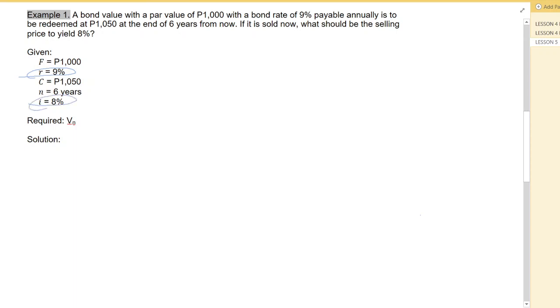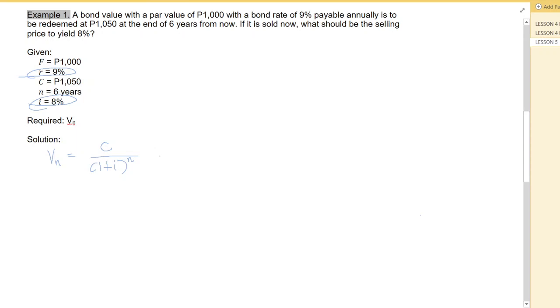5%. So it's different, okay? So we have there the solution of V sub n, which is the selling price, that is equal to C, which is the future amount, or the amount to be redeemed, divided by 1 plus the yield interest rate, I, raised to n, the years of redemption.